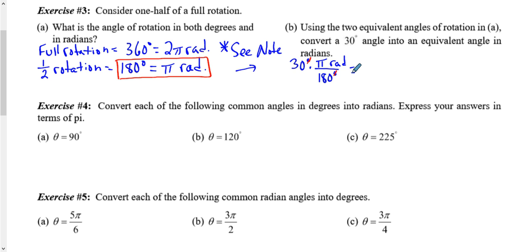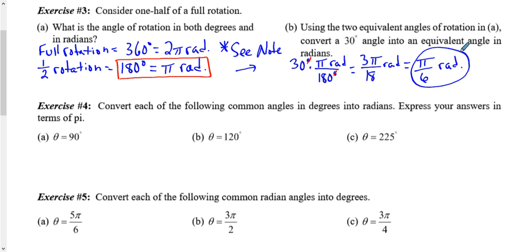So that leaves us, let's take the 30 and 180. Let's divide them both by 10 to get started, right? So would that be 3 pi over 18 radians? And you divide by 3 to get 1 pi over 6 radians. So now we know 30 degrees is equivalent to pi over 6 radians.